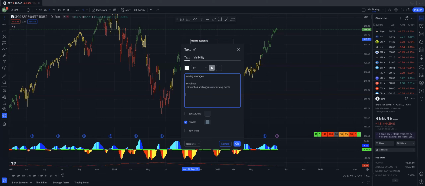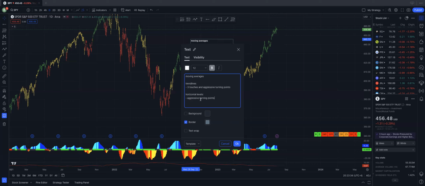And then you have support or horizontal levels, which is aggressive turning points. Man, I can't spell today. Aggressive turning points. So this is basically what I'm looking for in support and resistance levels.